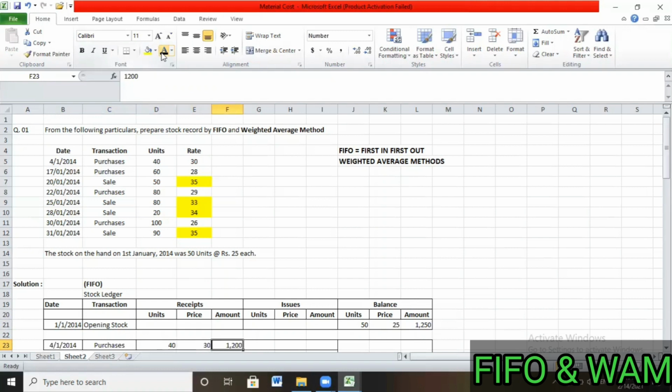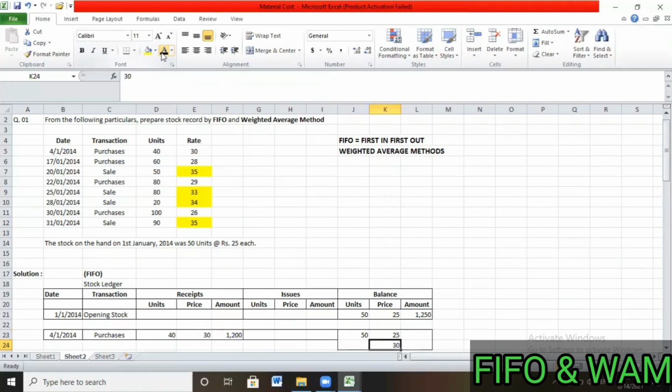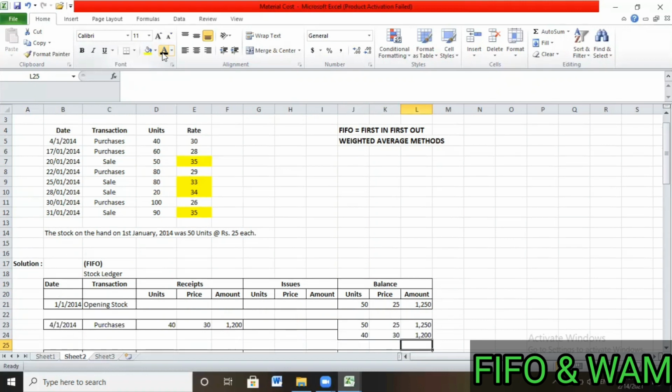So 40 into 30 will be 1,200. No issue takes place, but there is a balance. You already have an opening balance of 50 units at 25 each, and again you purchase 40 units at 30 each, at a different price. Hence we should put it separately: 50 units are different and 40 units are different.